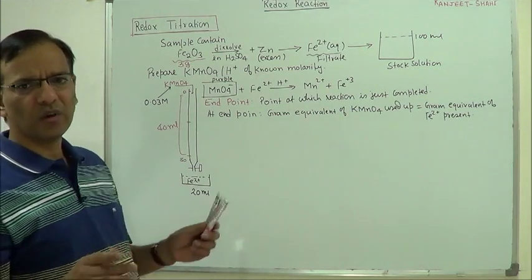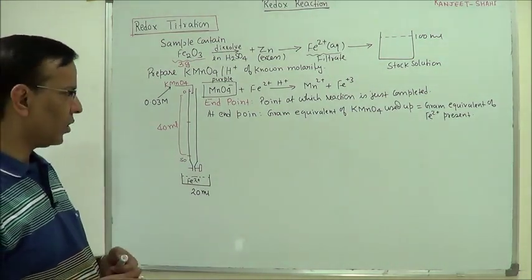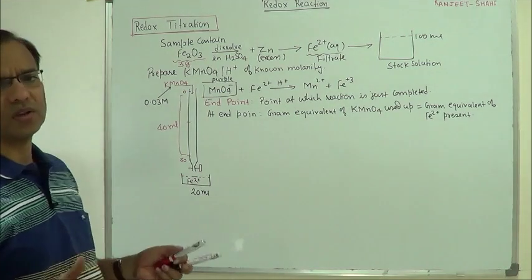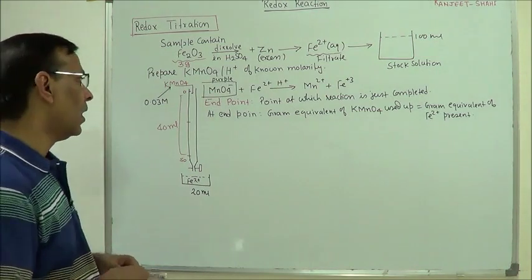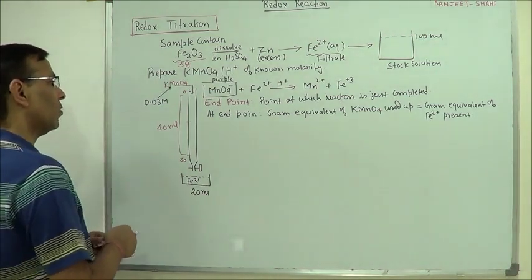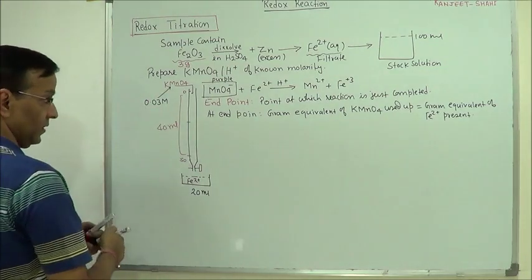So we have given some numerical values to understand how the calculation works exactly. 40 ml of 0.03 molar potassium permanganate.